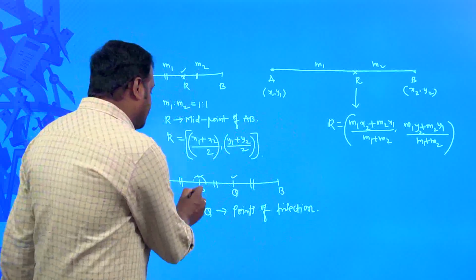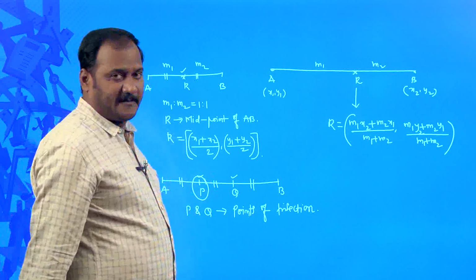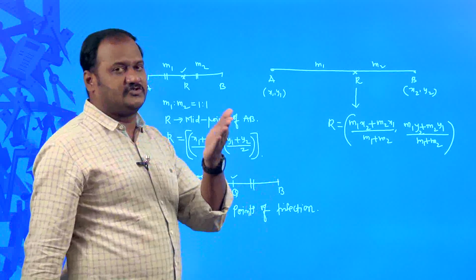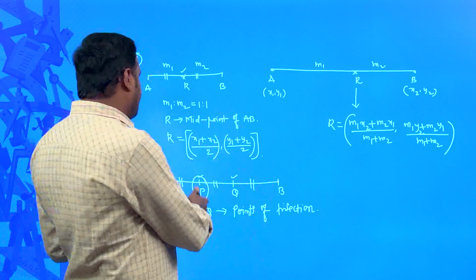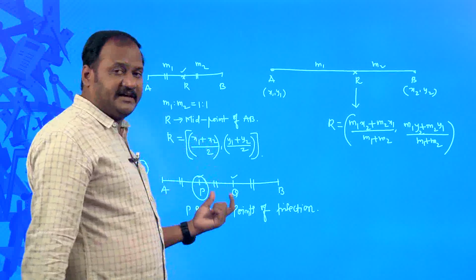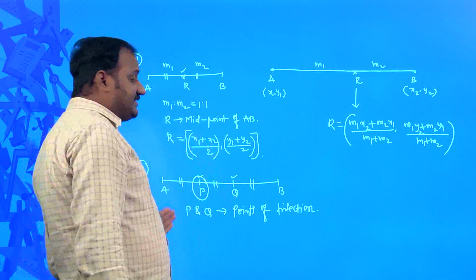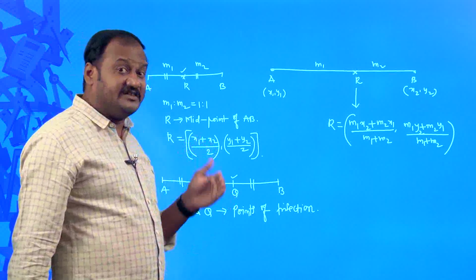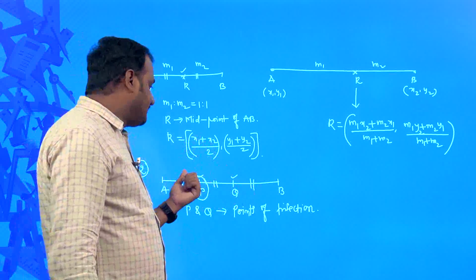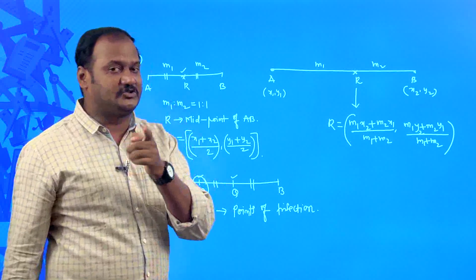What are the coordinates of this point P first of all? See, AP is to PQ is to QB is equal to 1:1:1 means first part equal to second part equal to third part. But if you consider only P, then how does that P divide the line segment AB? In which ratio? This is one part, these are 2 parts. So, that for P it is going to be 1:2.